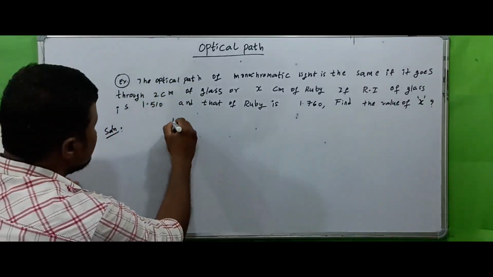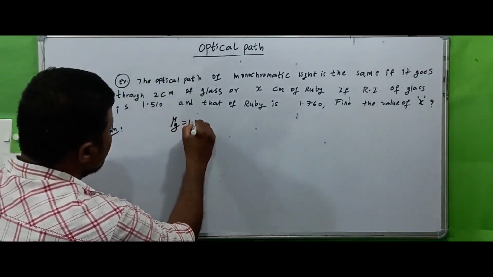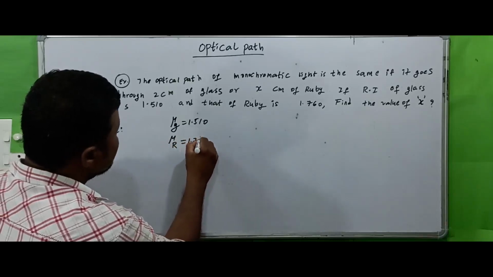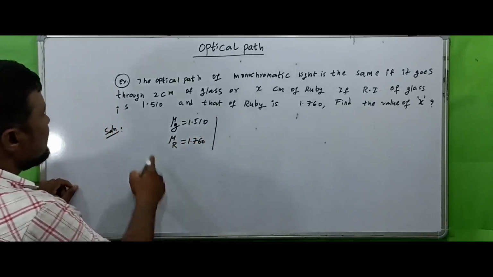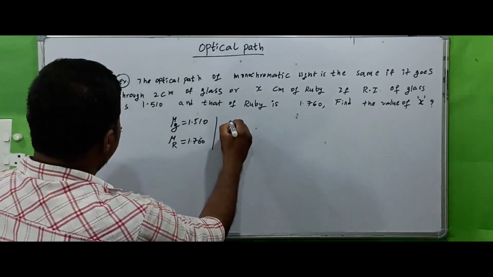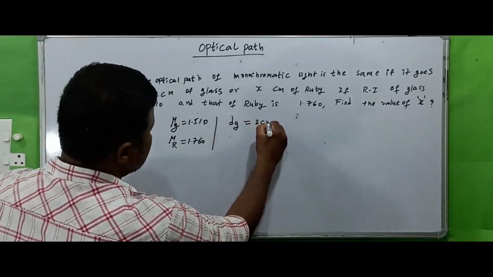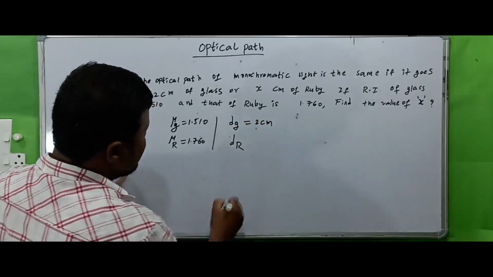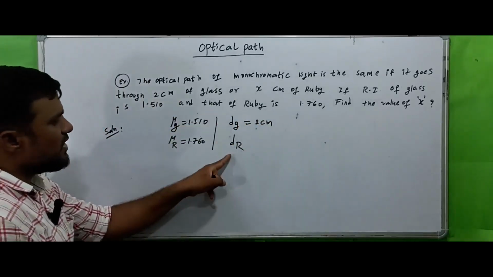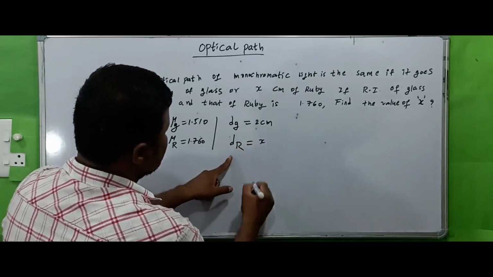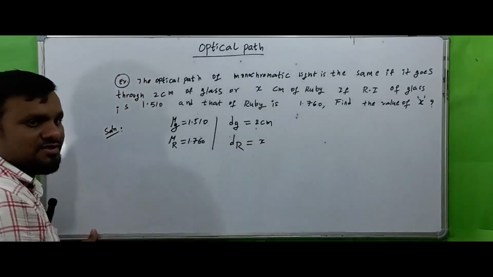According to the data, the refractive index of glass is 1.510 and of ruby is 1.760. The distance traveled by the light in glass, d suffix g, is equal to 2 centimeter. The distance traveled by the light in the ruby medium, d suffix r, is x centimeter. We have to find x centimeter.